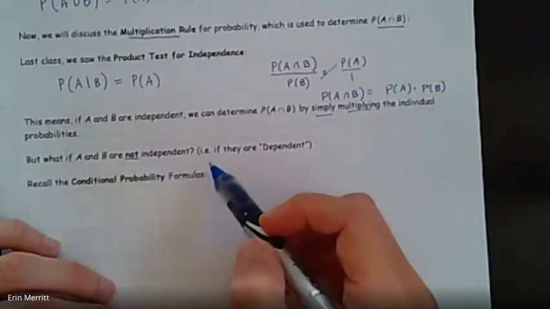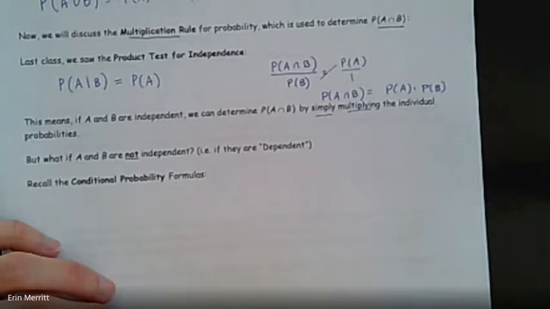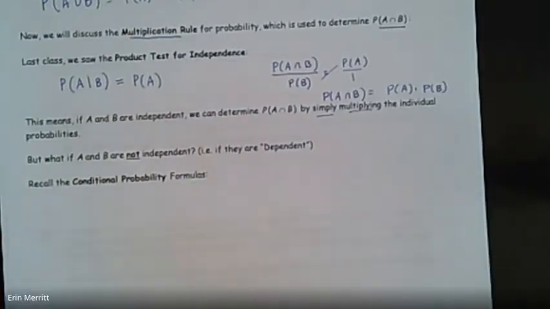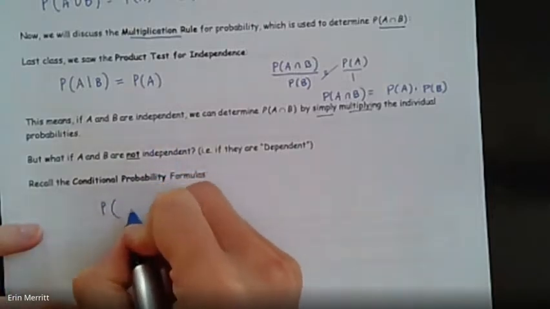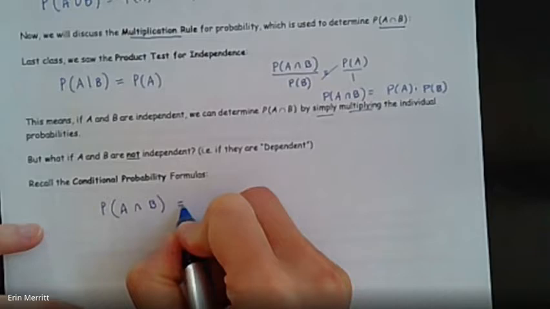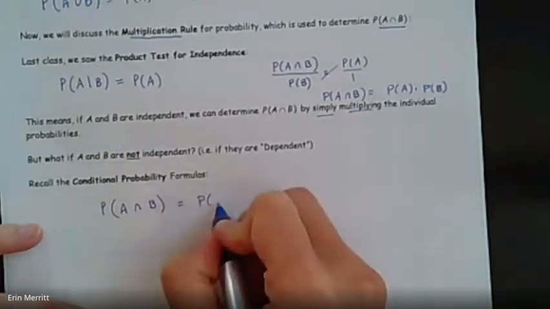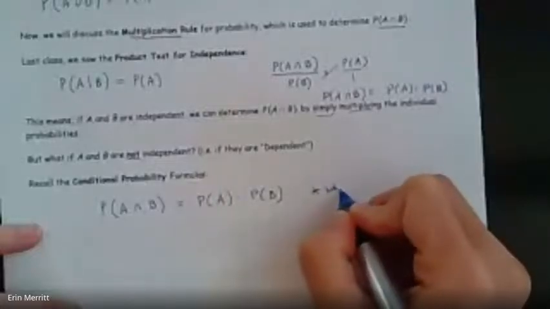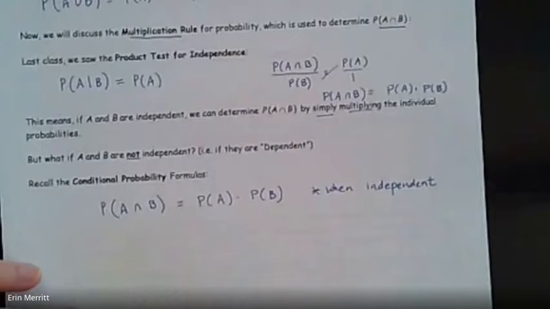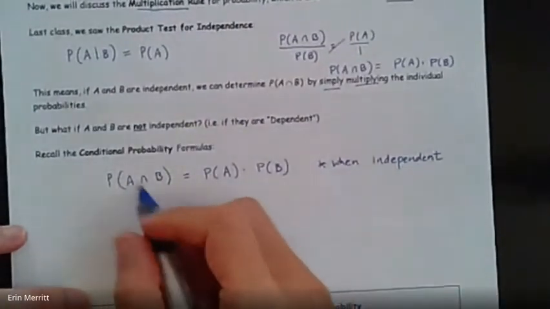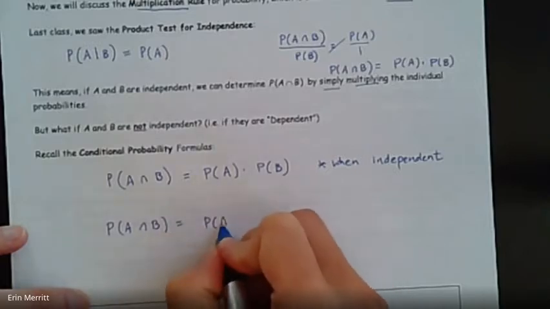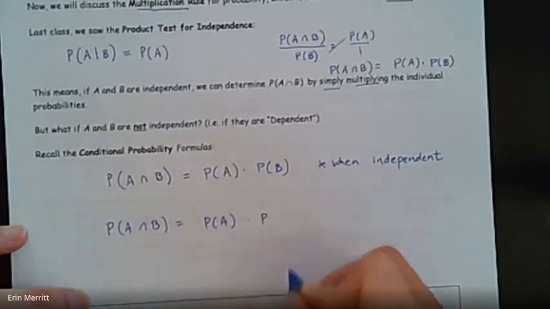It says, what if A and B are not independent, or what if they're dependent on one another? In that case, and I don't want you to overthink this one too much, if the probability of A and B is the probability of A times the probability of B when they're independent, then all we would change is, let's say they're dependent, then the probability of A and B, you're still going to use the probability of A, but then the second part will just change a little bit.